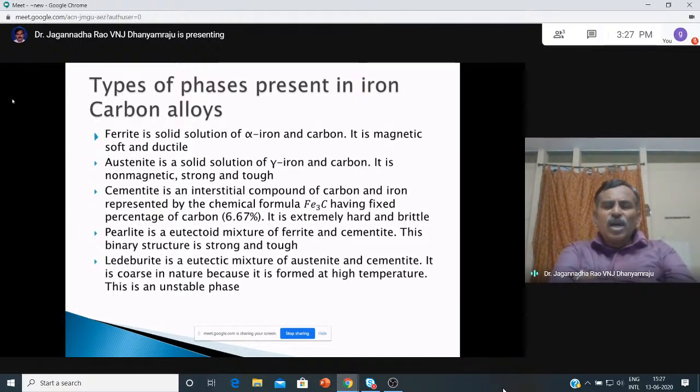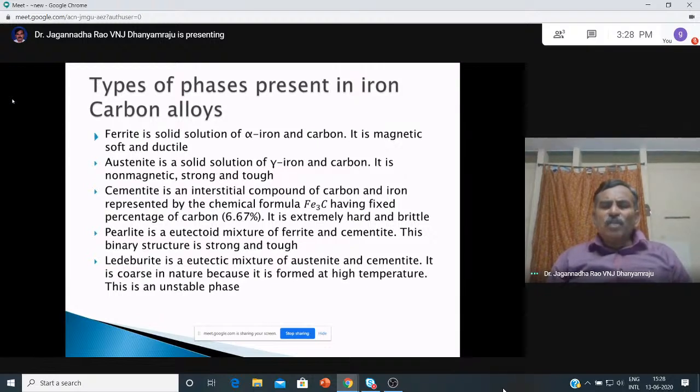So here you see ferrite is very soft and ductile, is it not? Ferrite is very soft and ductile and cementite is very hard.